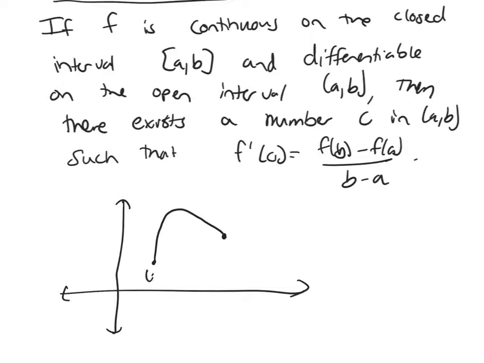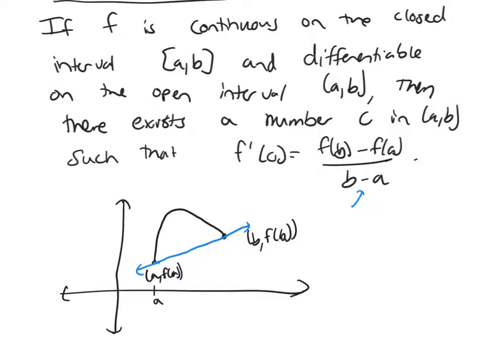And here's a, f of a, and here's b, f of b, and so I can form the line between them. And what would the slope of this line be? The slope would be this right-hand side of this equation.